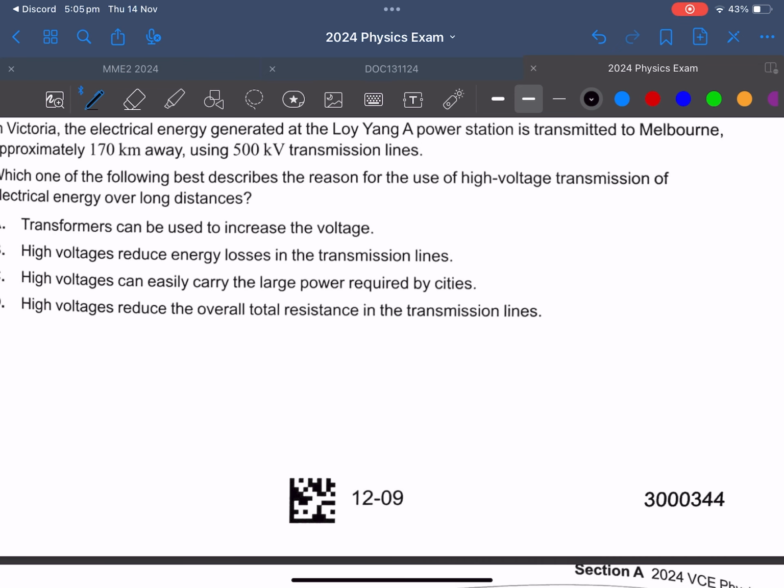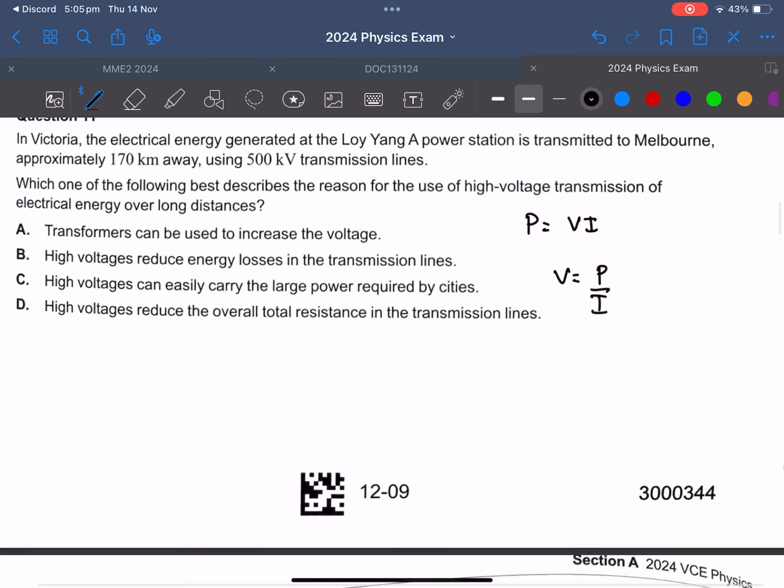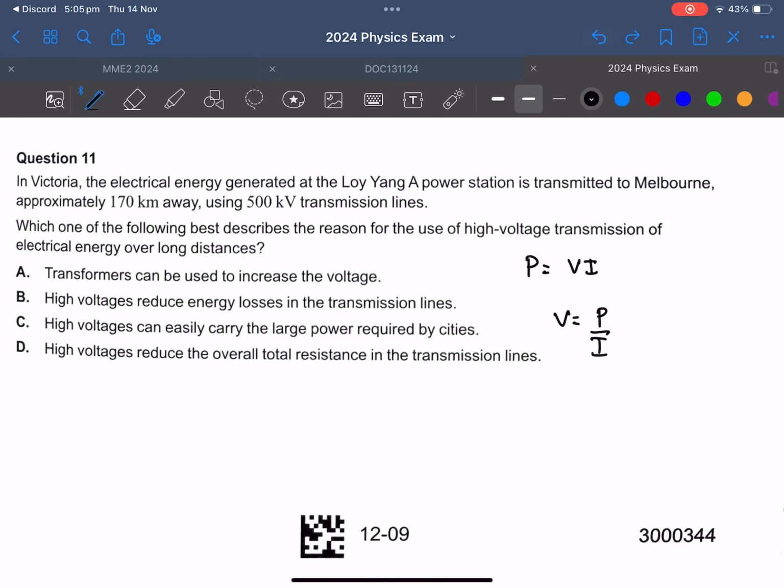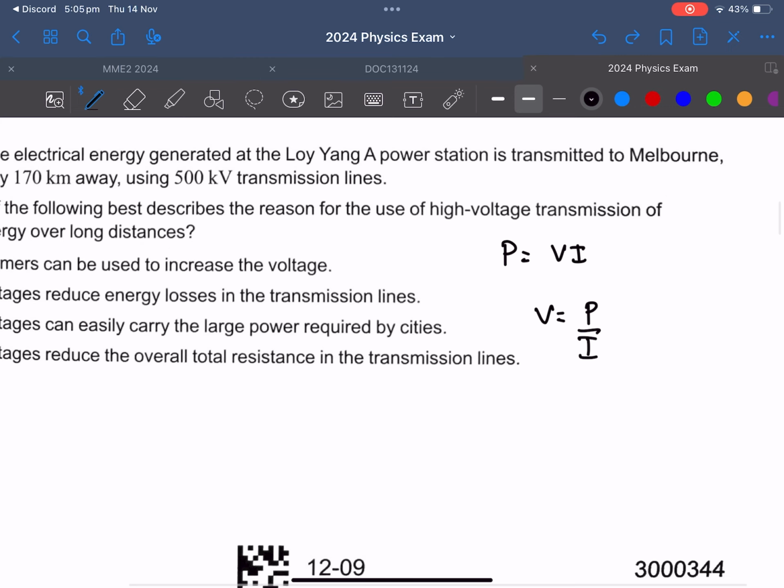So my understanding is that we know power is equal to voltage times current, so V is equal to P on I. Because this is a high voltage transmission line, and we'll assume ideal conditions, voltage is going to be inversely proportional to current.